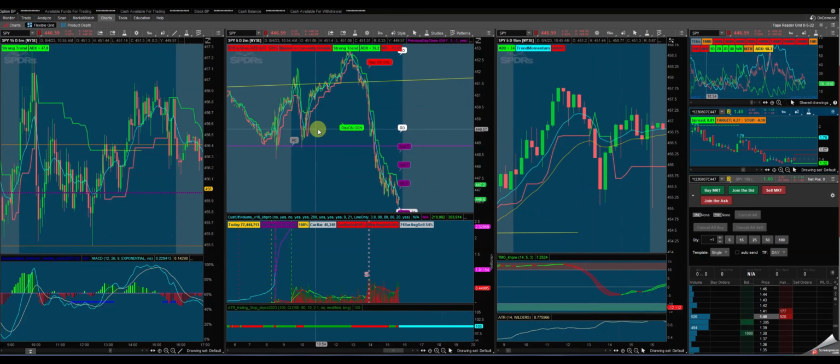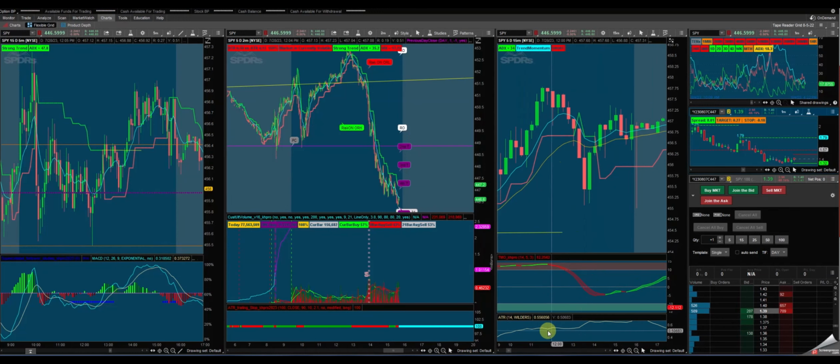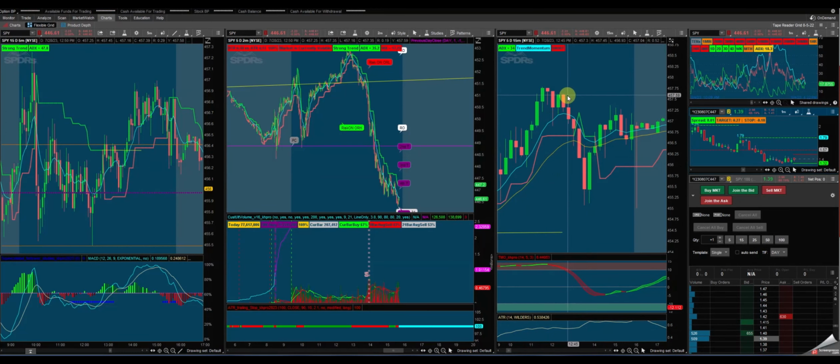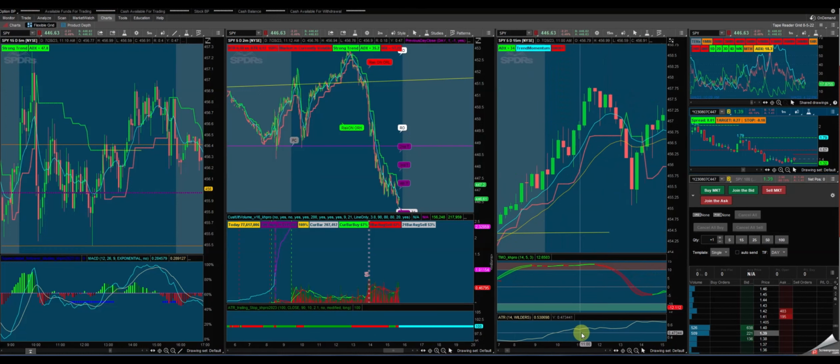Now we discussed the 15-minute. I kind of just rely on the TMO. This is ATR. Don't really worry about that if you don't want to. But just know that as it's climbing, volatility is increasing. So it's essentially just providing confirmation for a move.